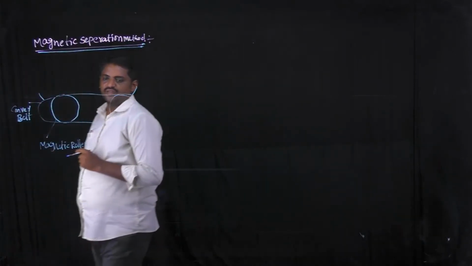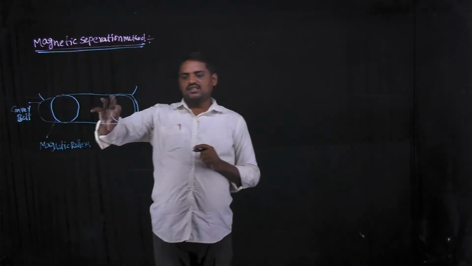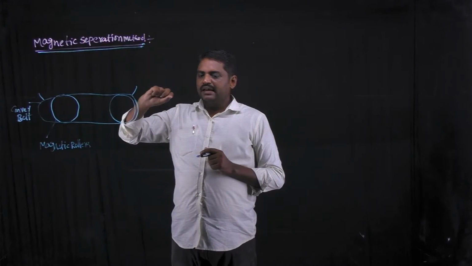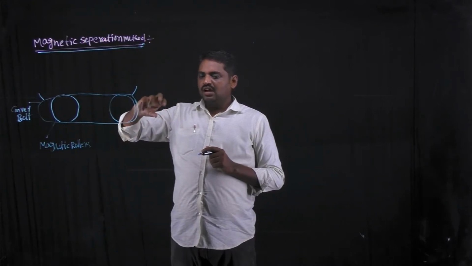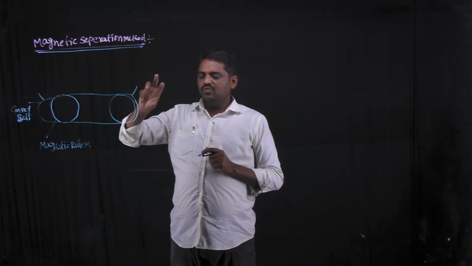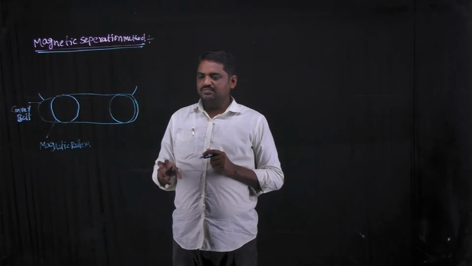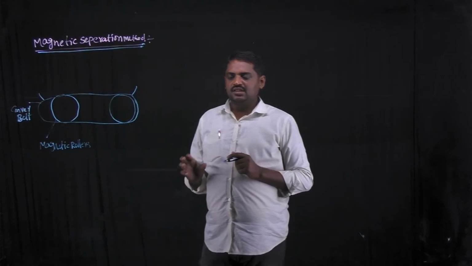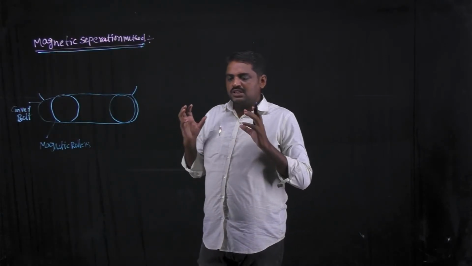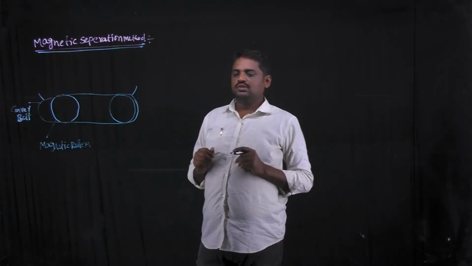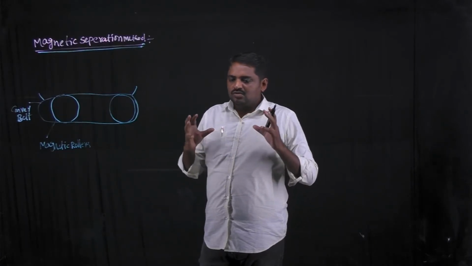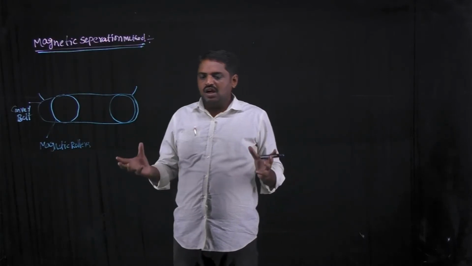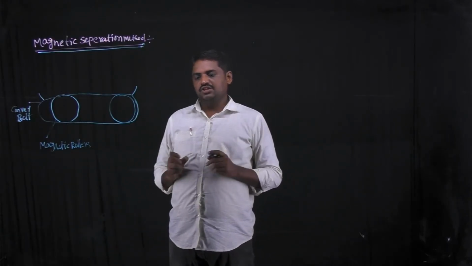These two magnetic rollers are connected with one conveyor belt. The conveyor belt contains the amorphous form of ore. Generally, many ores are in the solid state.